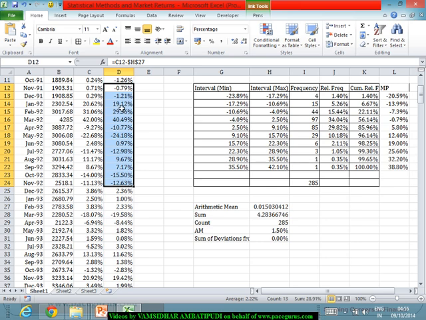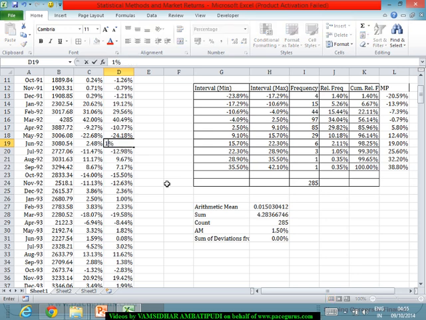So probably here, instead of 0.97%, let's say I'm taking it as 100%. Just one extreme observation has come out. What could very well happen is your arithmetic mean could get pulled.